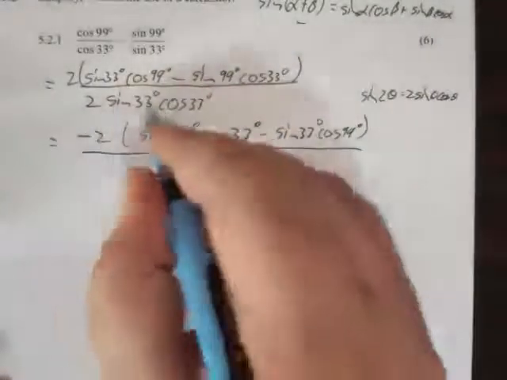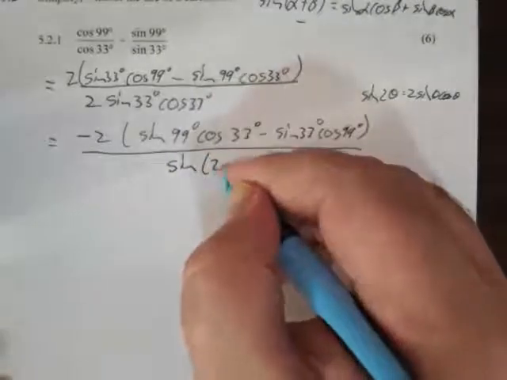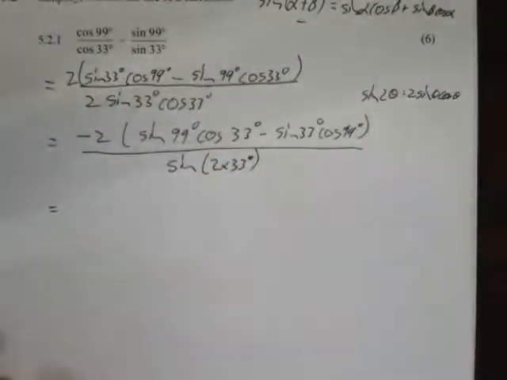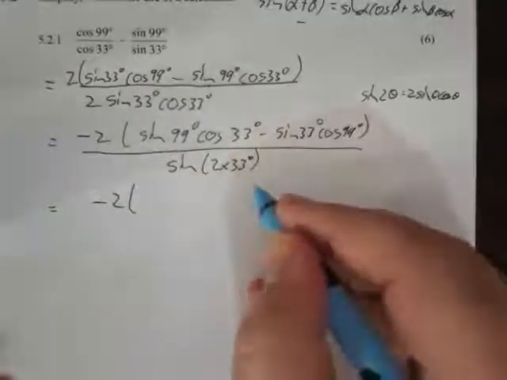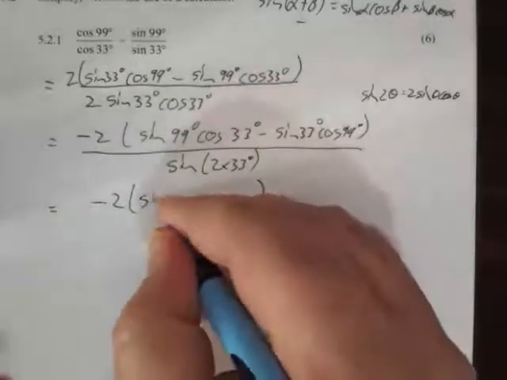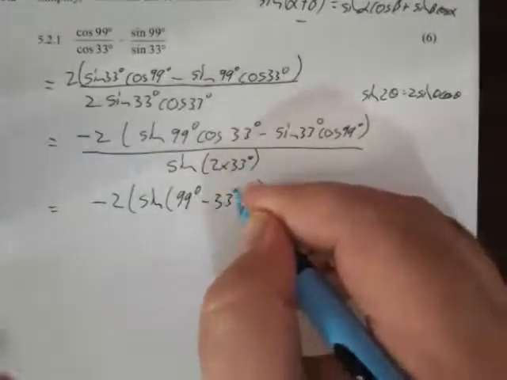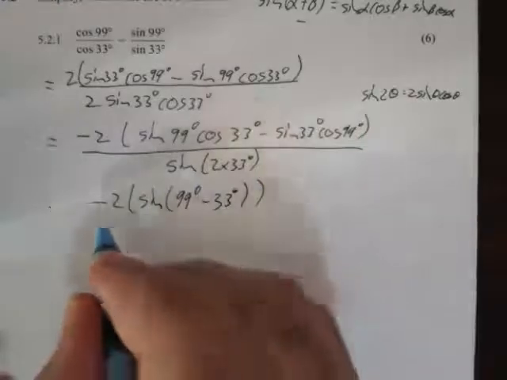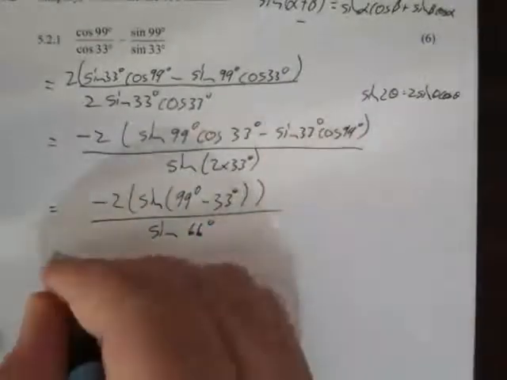Okay, all over, that would be sine of 2 times 33 degrees, or sine of 66. Okay, so now we can use that and say minus 2, and it will be sine of 99 degrees minus 33 degrees, all over sine of 66 degrees.